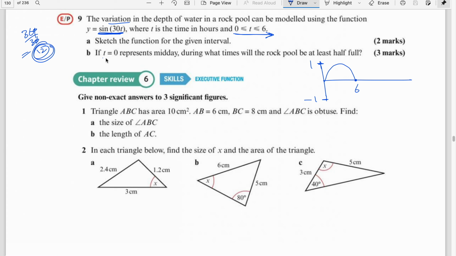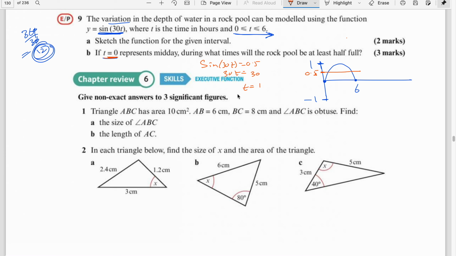Second part says if t equals 0 represents midday, during what time will the rock pool be at least half full? So 0 is midday and half full is 0.5. So sine of 30t equals 0.5, and 30t equals sine inverse of 0.5, that is 30.